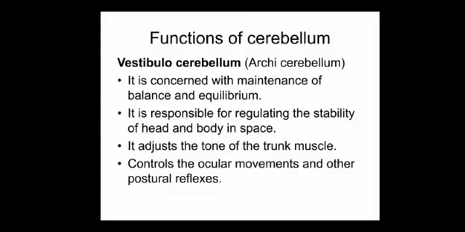That means the fastigial nucleus is concerned with the vestibulocerebellum. The globose and emboliform are concerned with the spinocerebellum, and the dentate, which is present laterally, is concerned with the cerebrocerebellum. So that is the function.